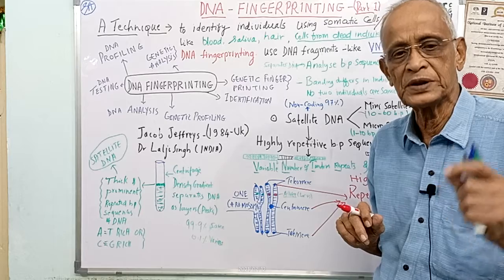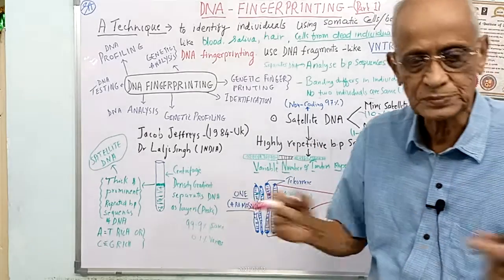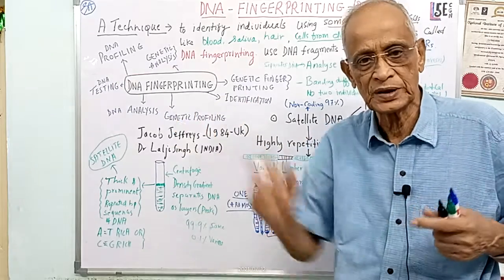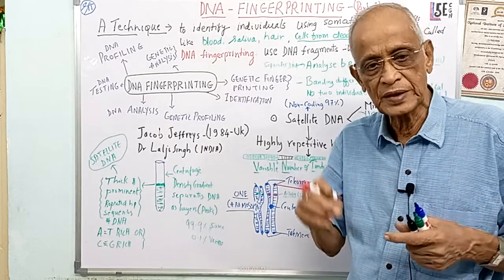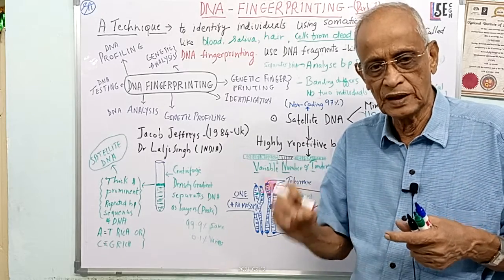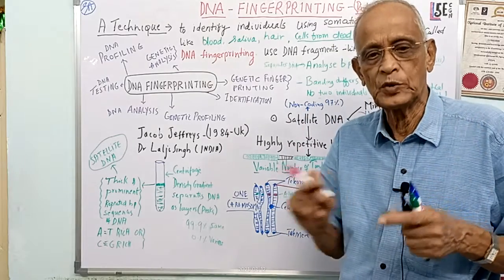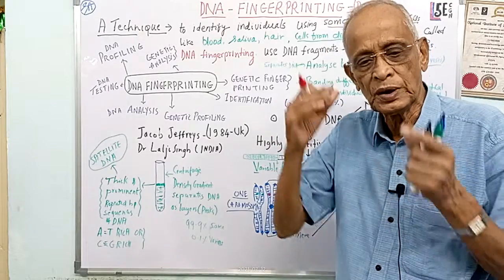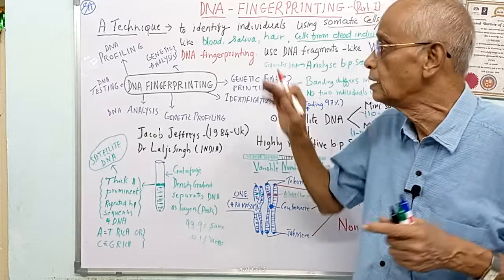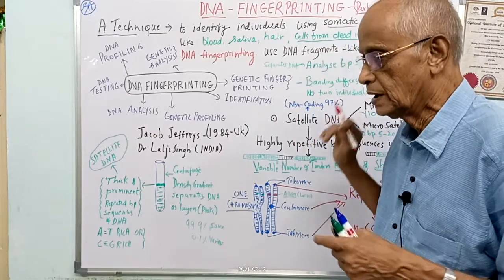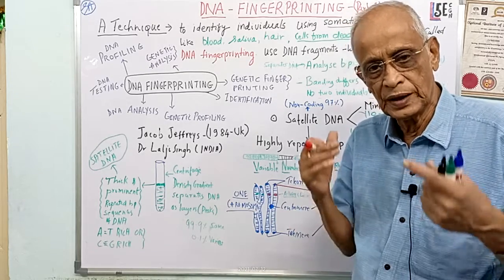If a soldier is dead in a warfare and does not have any identification, or if somebody dies in an accident without any identification, then they will be able to take the DNA of that person and compare it with known persons, and that is the DNA fingerprint technique. The technique part we will try to look into tomorrow's session.